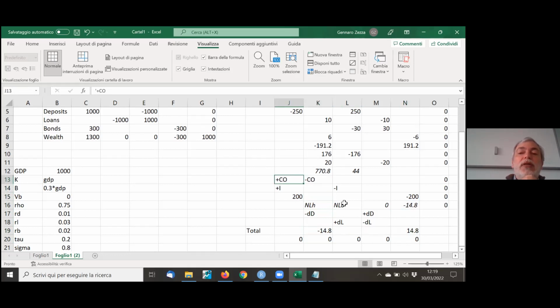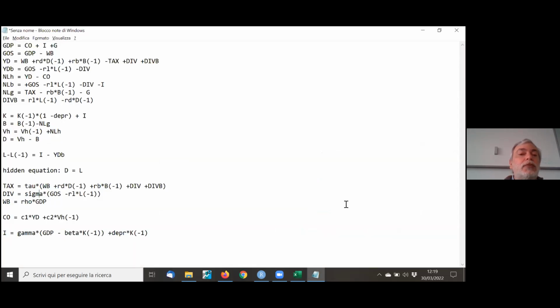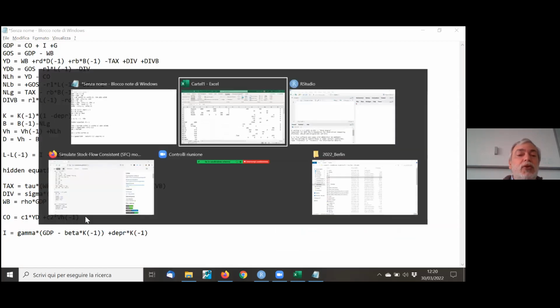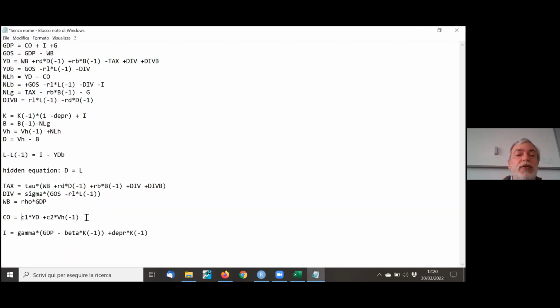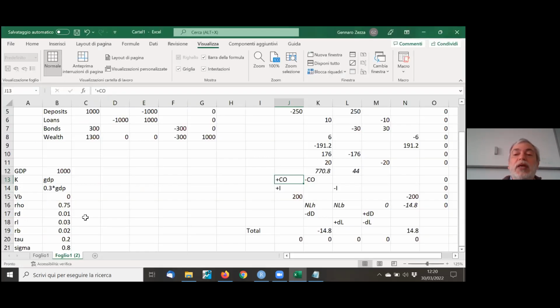Now, consumption, we said, should depend only on these two variables, but this is not so easy to determine because we want to find values of these parameters, which gives me a reasonable value for consumption.